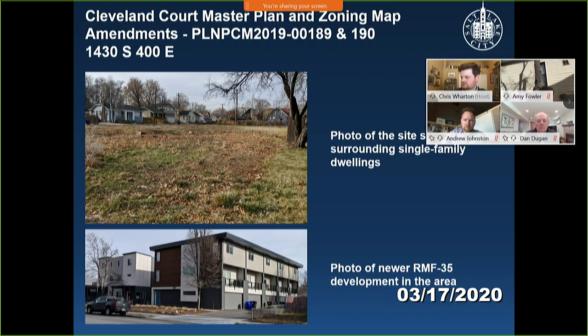The applicant has also requested reduced setbacks in the front and rear yards for an attached garage. The Planning Commission has approved the planned development request. However, it is subject to the City Council approving the master plan and rezone amendments.